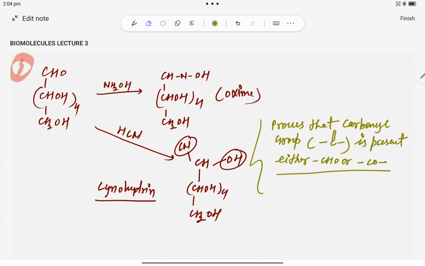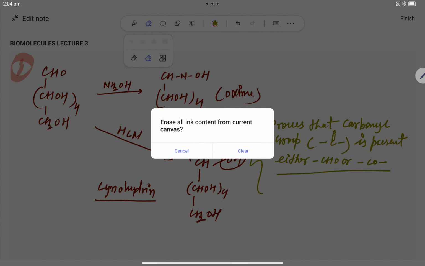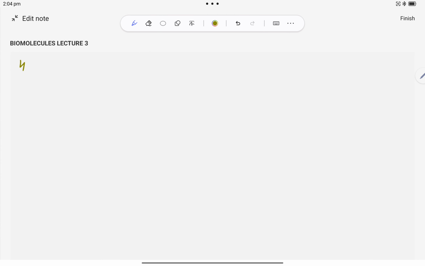Okay, so check the next evidence, number 4. CHO, CHOH four times, CH2OH, again glucose, reacting with bromine water, Br2/H2O. So what is Br2/H2O, children? A mild oxidizing agent.